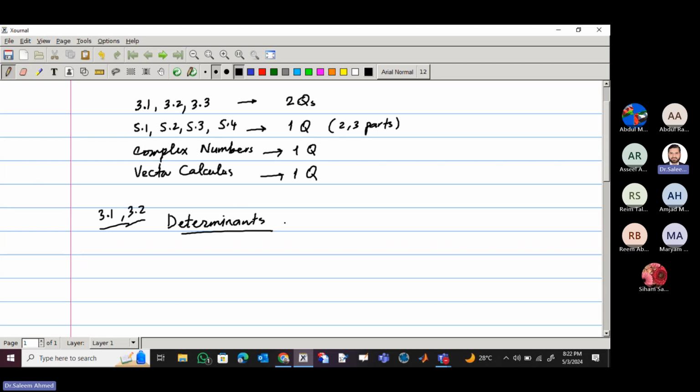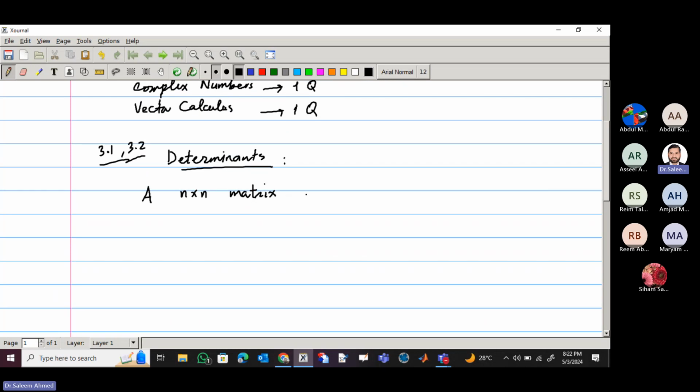So you know that whenever we have a matrix, any n by n matrix, we have to have a square matrix for determinants. So if you have a matrix A, then the determinant of A is basically a number attached to a matrix, denoted by det(A).